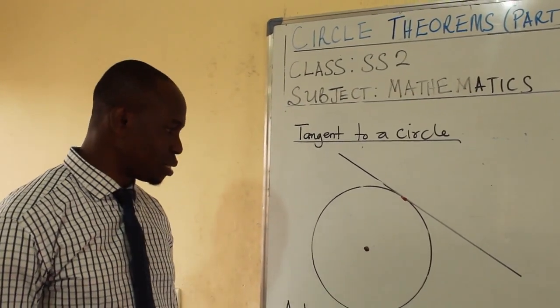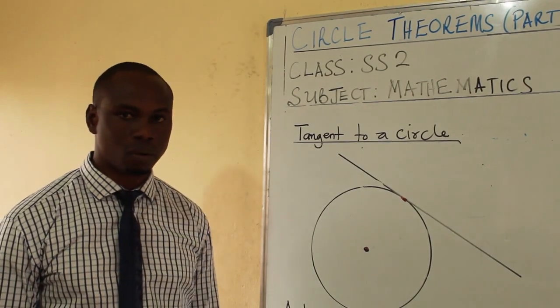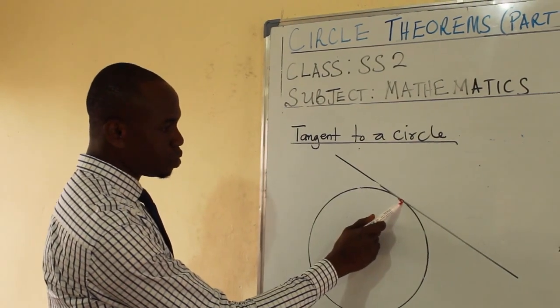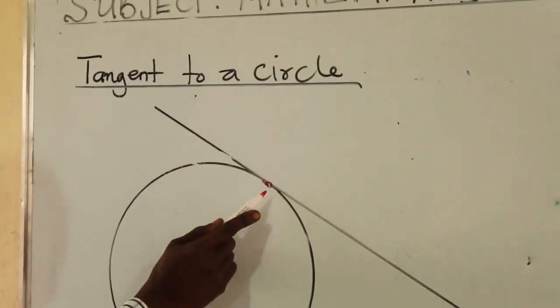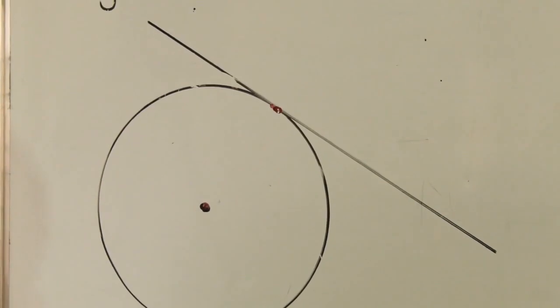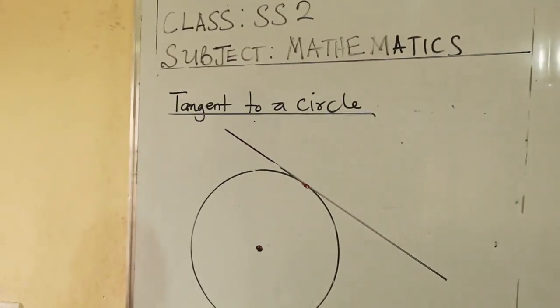A tangent is a line drawn to touch just one point of the circle. When a straight line is drawn from one point to another, and that straight line touches one point in the circumference of the circle, that line is called a tangent.